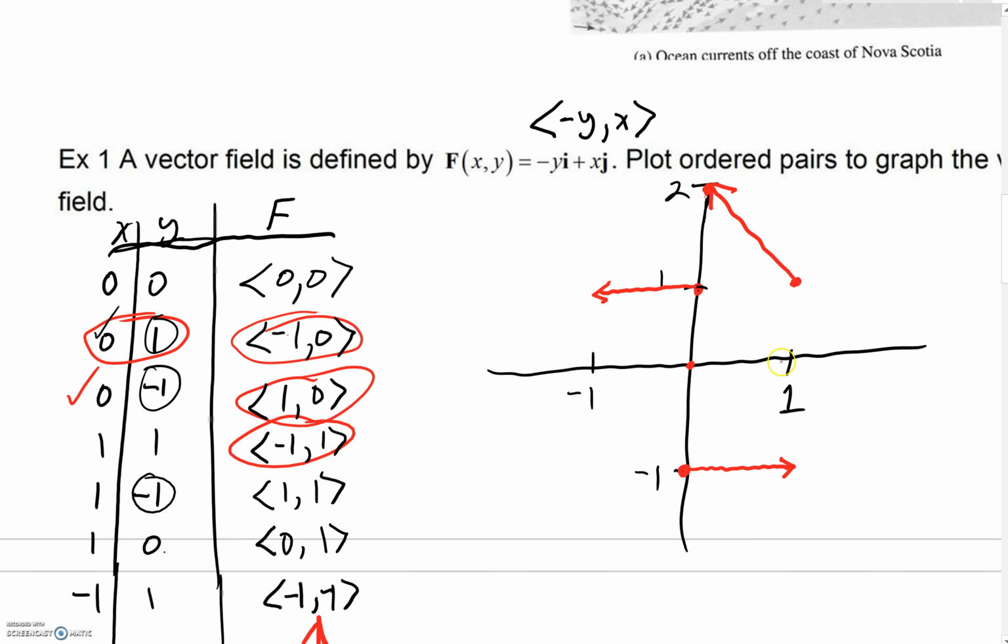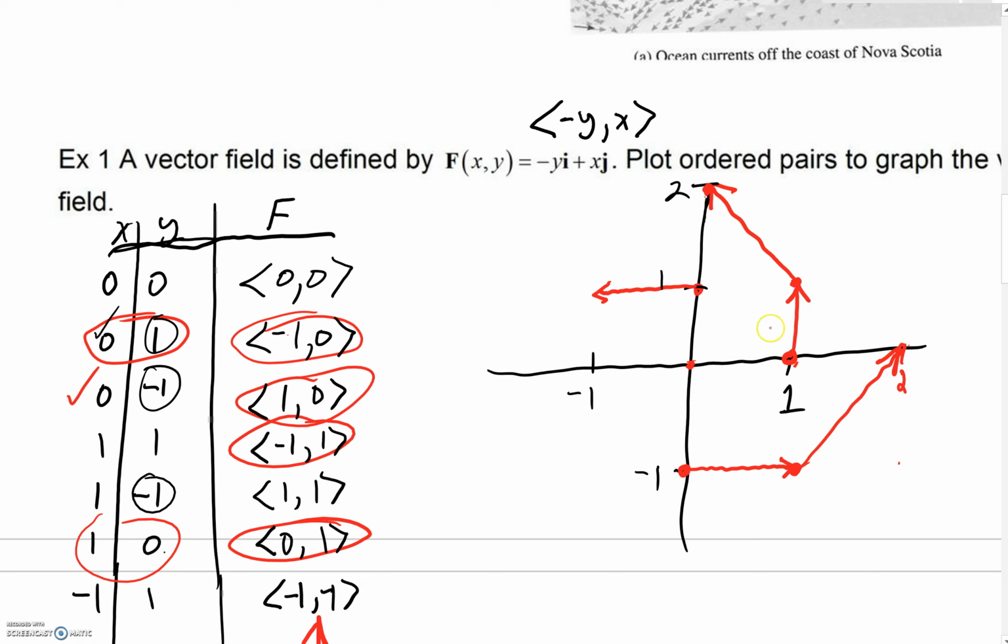At 1, negative 1, we come down right over here, and we're going to go right 1 and up 1. So we're going to go right and we'll go up right here. It would look just like so. Hopefully you're getting the idea. At 1, 0, that's this point right here. We're going to draw the vector 0, 1. Don't go right or left, just go 1 step up.